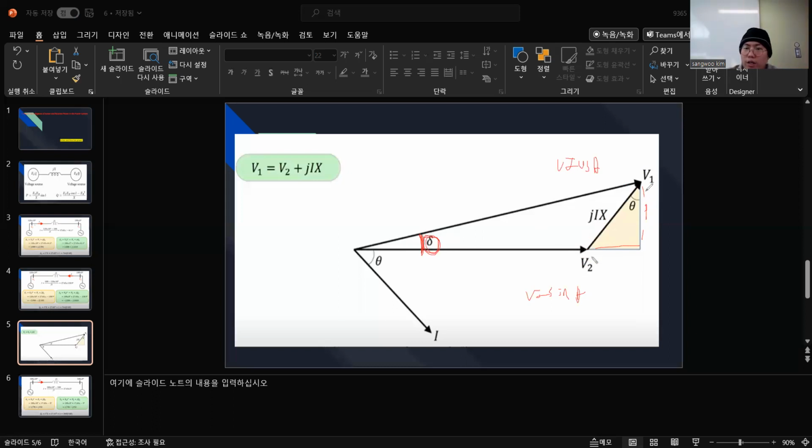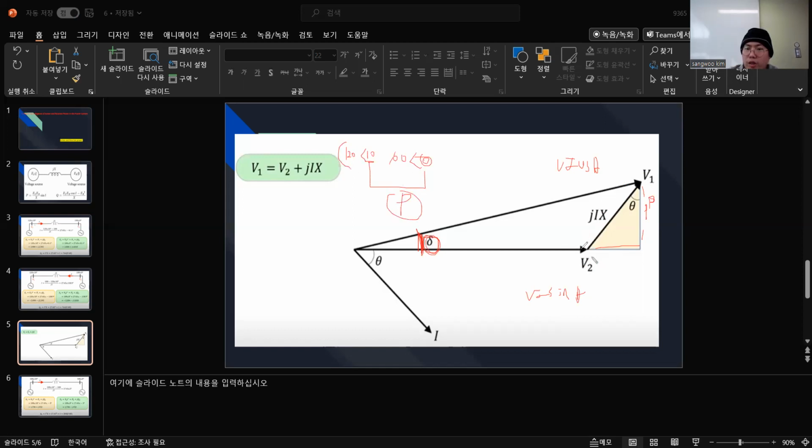This is the angle, which means, we saw that, here, this angle, both of them means from here. So this part is P. You know what I mean? The angle is related to P, active power.